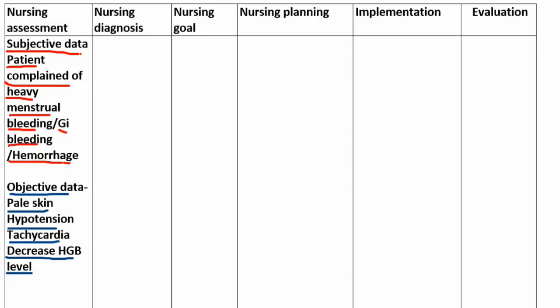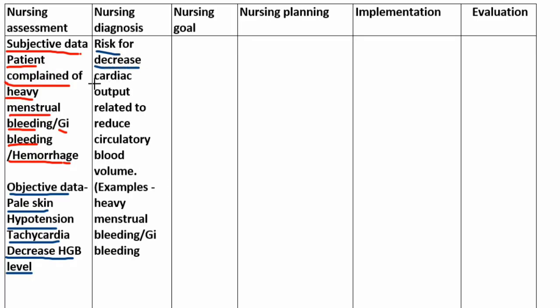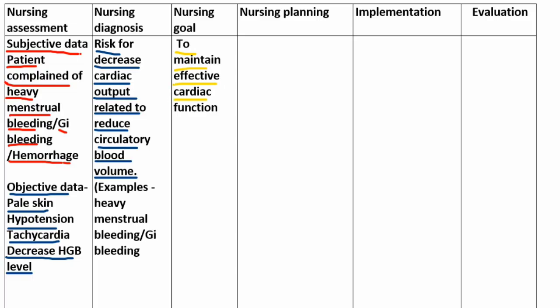Nursing diagnosis. Risk for decreased cardiac output related to reduced circulatory blood volume, for example heavy menstrual bleeding or GI bleeding or hemorrhage. Nursing goal. To maintain effective cardiac function.